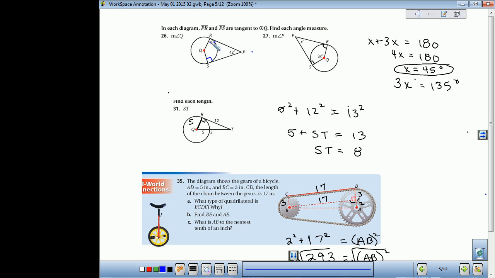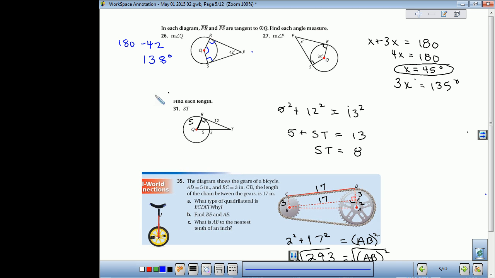So if these two add up to 180, then the other two also have to add up to 180. So to find this central angle here at Q, I would do 180 minus the 42, and that would leave me 138.